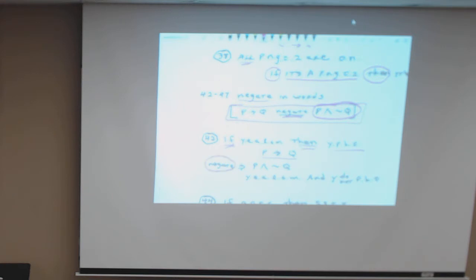I say P and not Q. So what would that be? P, you earn a lot of money, and not Q, you do not pay high taxes. That's the negation of if you earn a lot of money, then you pay high taxes. The negation is you earn a lot of money and you don't pay high taxes.